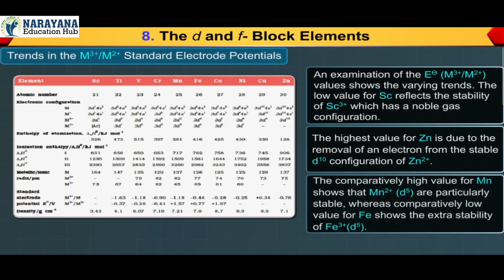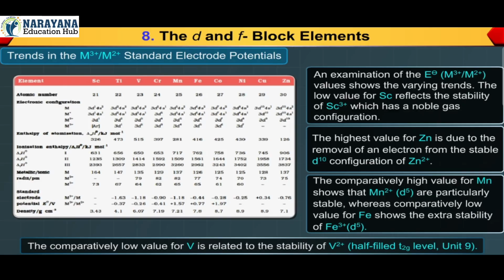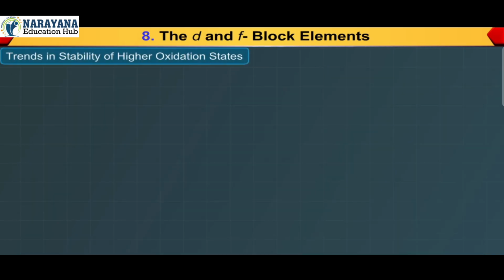The comparatively high value for Mn shows that Mn2+, that is d5, is particularly stable, whereas the comparatively low value for Fe shows the extra stability of Fe3+, that is d5. The comparatively low value for V is related to the stability of V2+, that is half-filled t2g level.